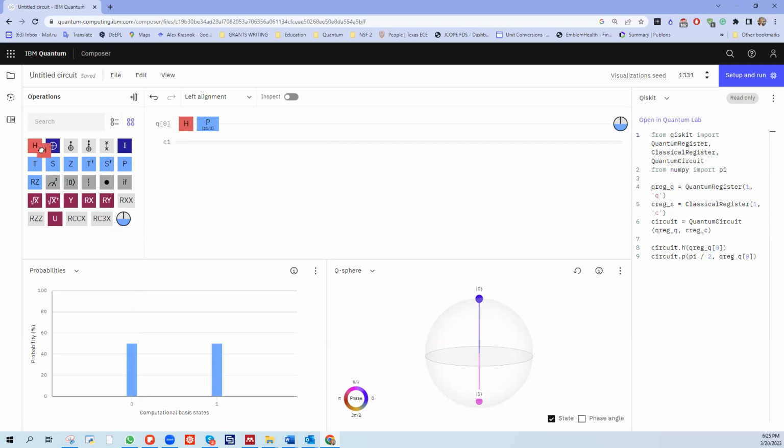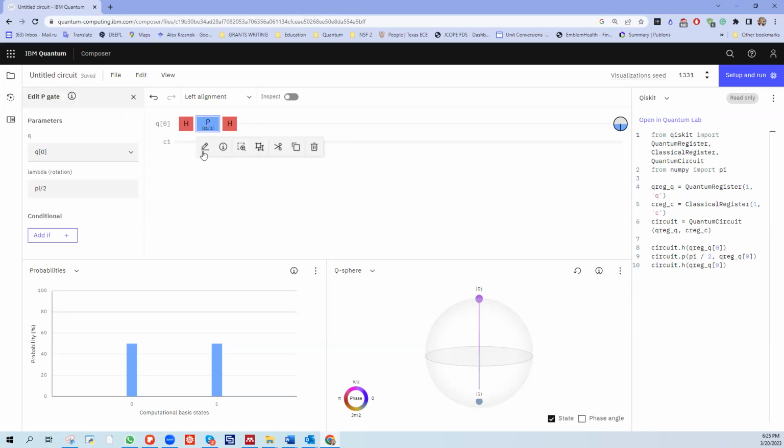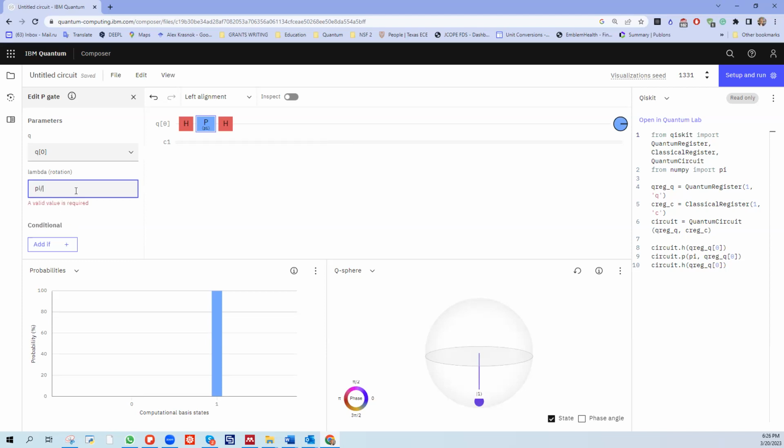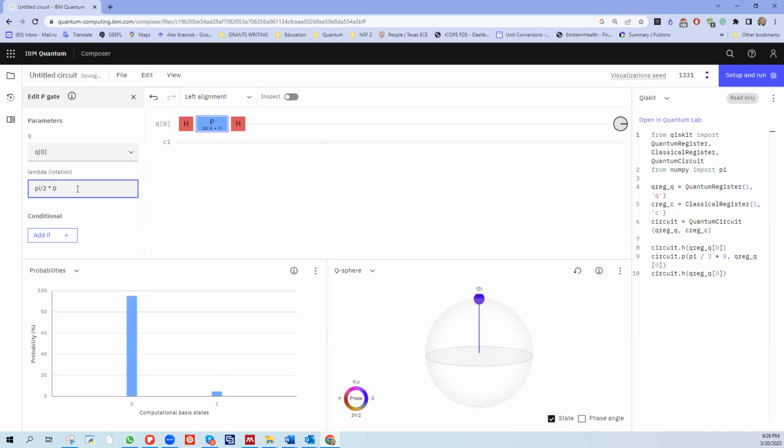And then I close my superposition. That also didn't change the result. Now I can go to the parameters of this gate and vary this phase here. I can multiply by any number here. So let's say my phase is equal to 0.